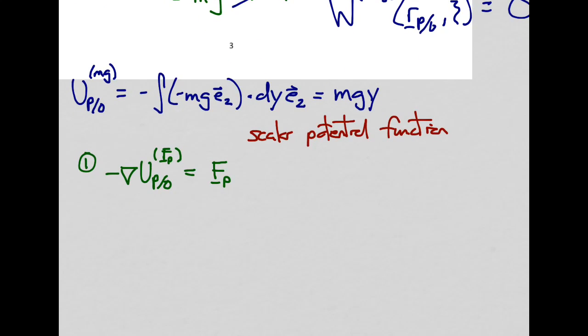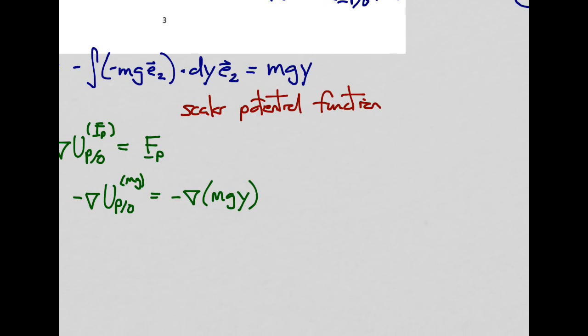So let's check our scalar potential function that we just developed for gravity. We're saying that the negative gradient of our potential energy for gravity is equal to the negative gradient of mgy. And you know from your multivariable calculus class that this gradient is equal to the partial with respect to x of mgy.